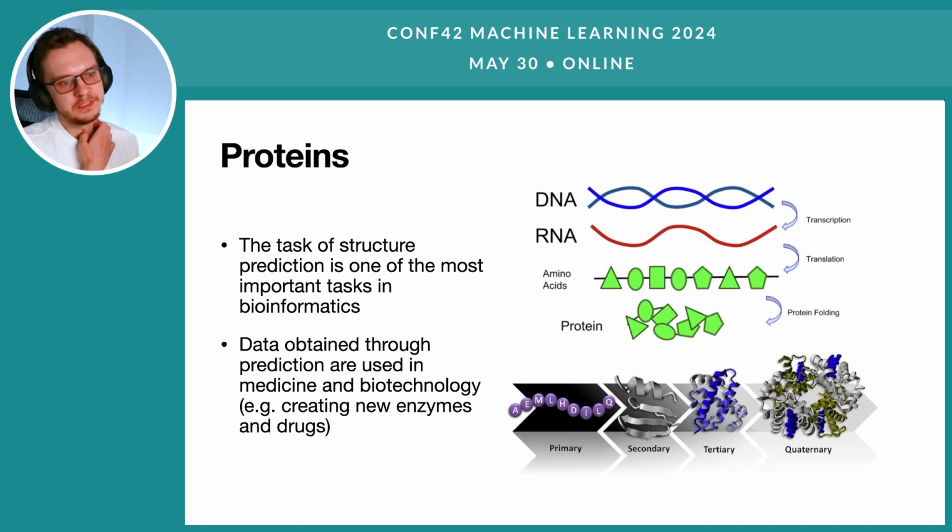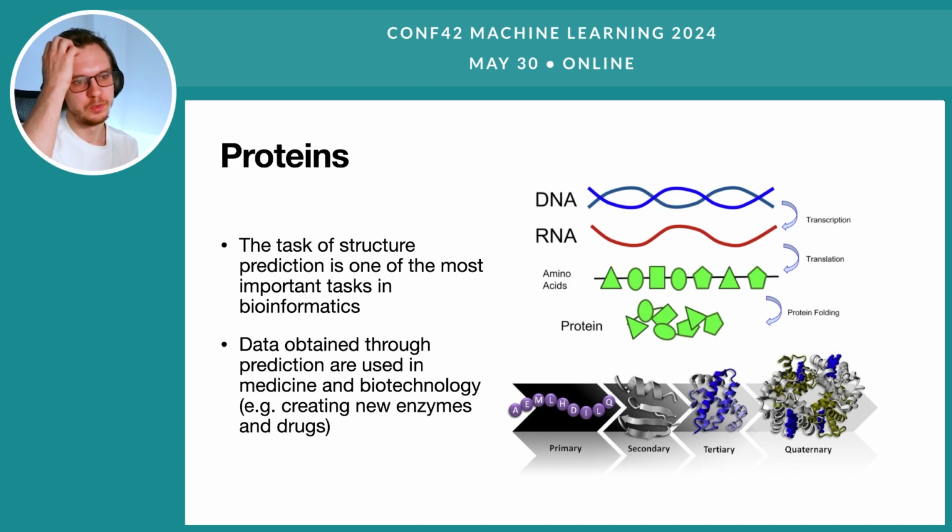And proteins have structure, different kinds of structure. First kind of structure is the amino acid chain, the sequence of amino acids that defines the protein. Secondary structure is a structure that local parts of the protein take. They can have spirals, or they can align on each other in different ways.